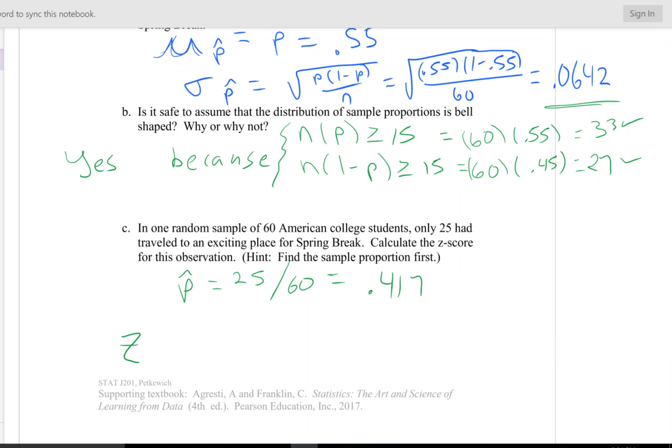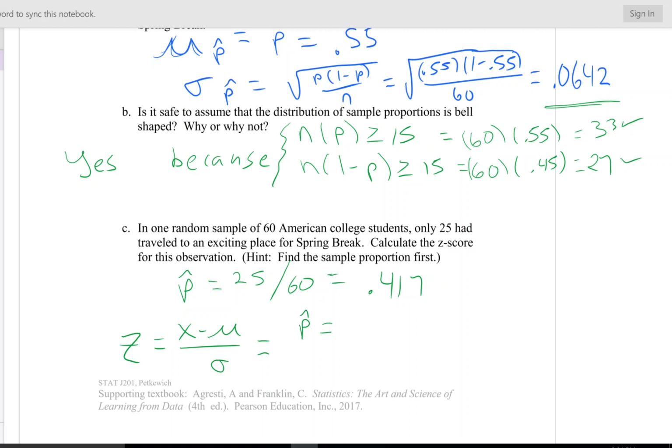So recall that a z-score is x minus mu divided by sigma. Now, in this case, our observed x is actually a sample proportion, so I'm going to rewrite this a little bit.